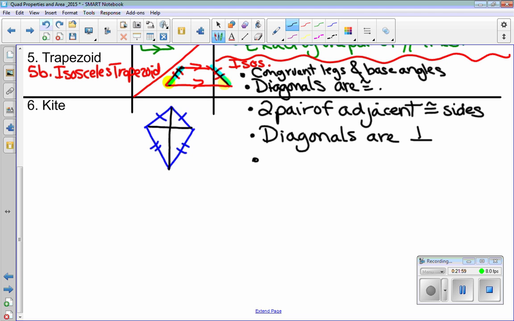So for example, if I knew this length here to be a 3, the other side would also be a 3. That minor one is cut in half. Not the long one, not the major one, but the minor diagonal is cut in half, and it's bisected by the major one. It's cut in half by the other diagonal.